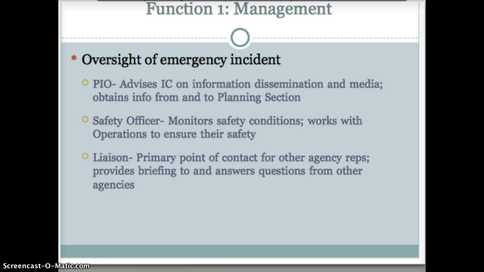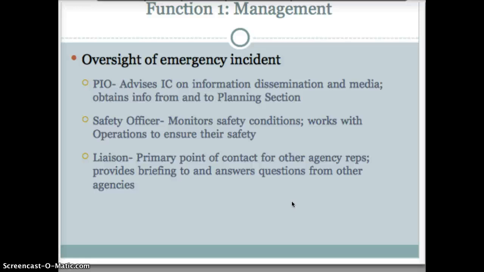I may have already gone through this, but I'll go over it again. Okay. So the PIO, Public Information, advises the incident commander on info, dissemination, and media. They obtain info from and to the planning section. Safety officer monitors the safety conditions, works with operations to ensure their safety.